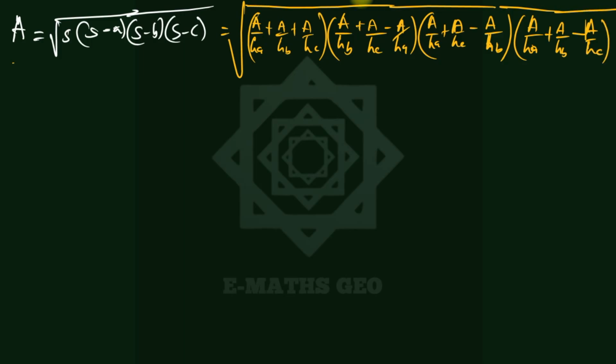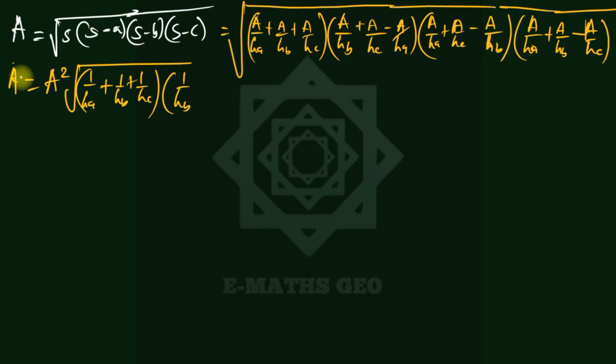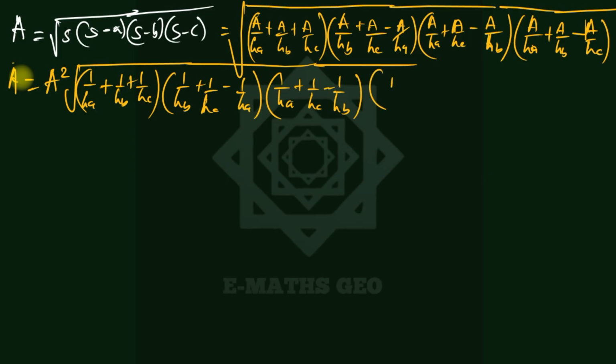If you look at this, all four of them have A. If we factor out A, we are left with A raised to power 4, whose square root is A squared, times (1/HA + 1/HB + 1/HC) times (1/HB + 1/HC - 1/HA) times (1/HA + 1/HC - 1/HB) and finally (1/HA + 1/HB - 1/HC).